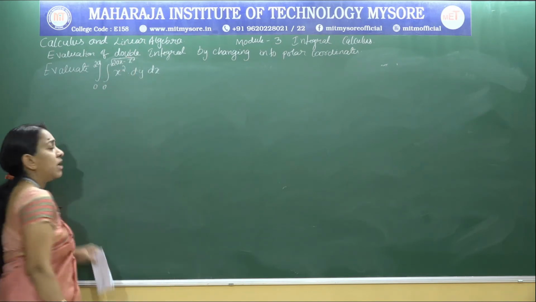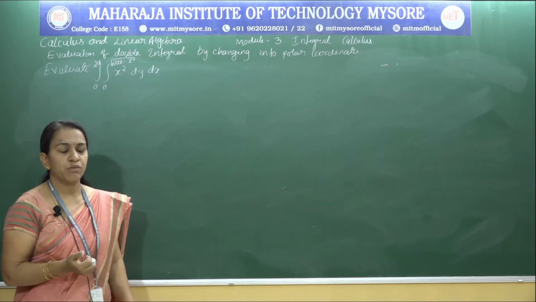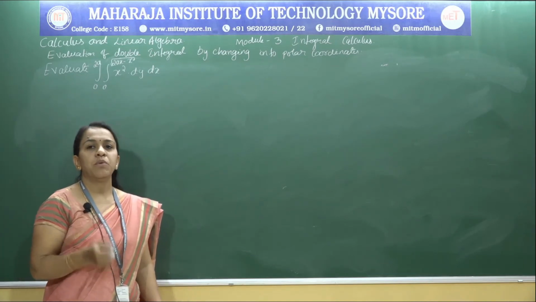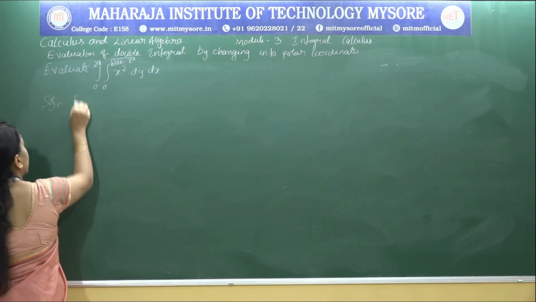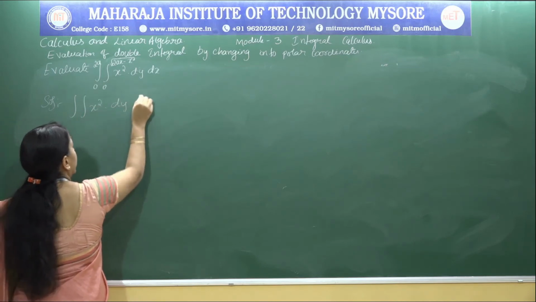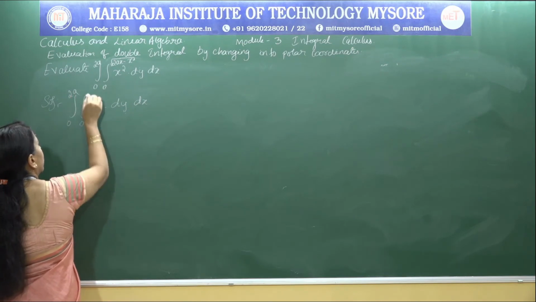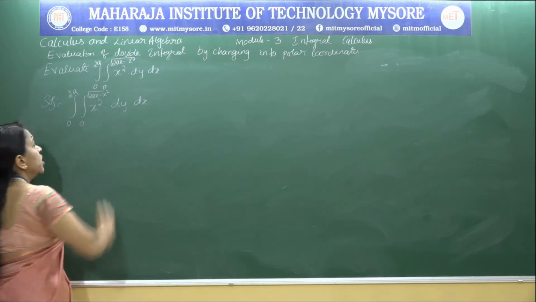So in the limit place we have root of some number, ax minus x square. We can easily evaluate this by changing into polar coordinates. So consider the given double integral, and let me know the limits of x and the limits of y before going to change it into polar coordinates, that is root of 2ax minus x square.